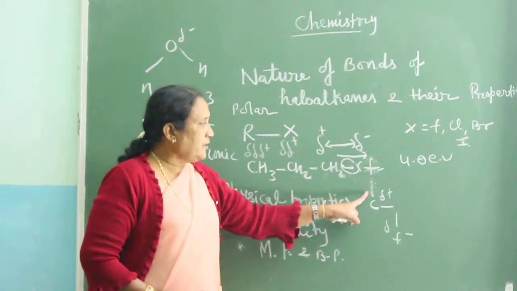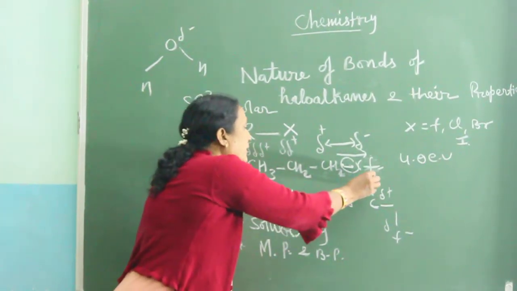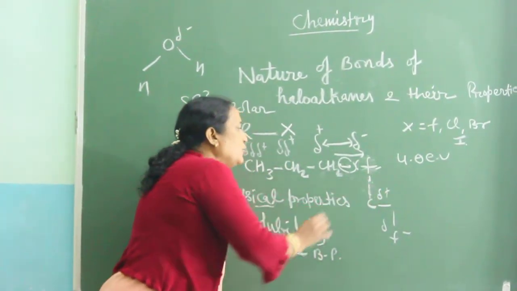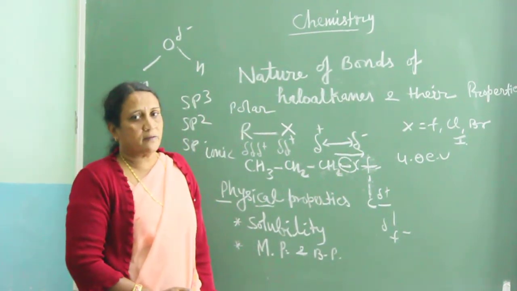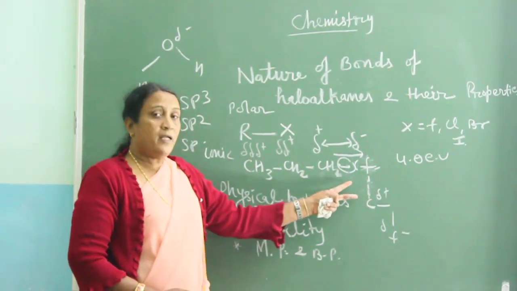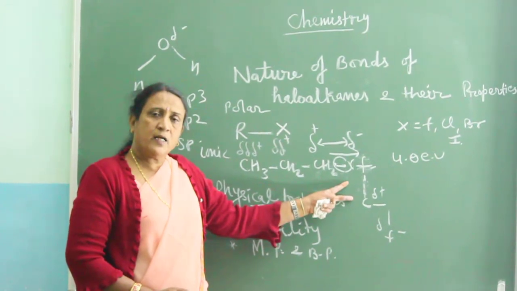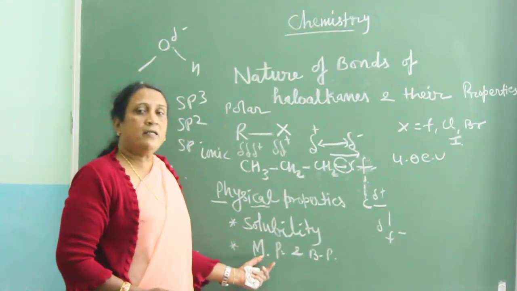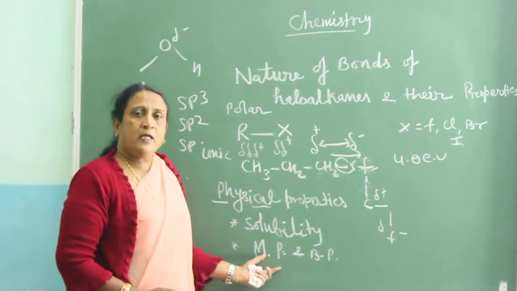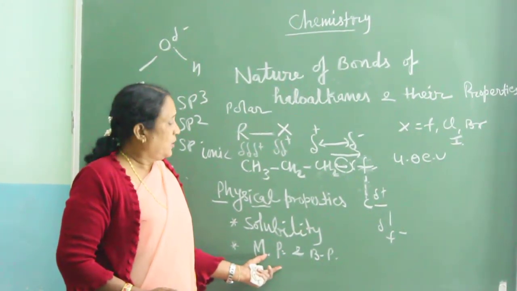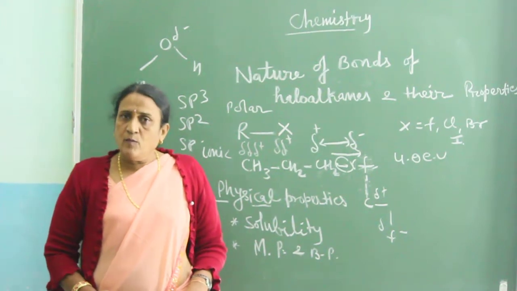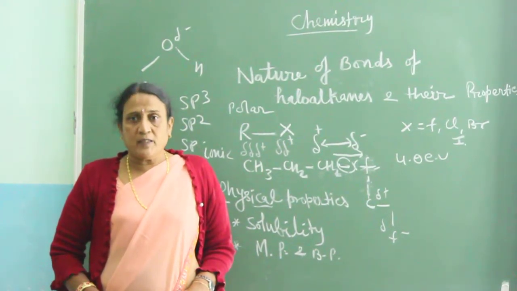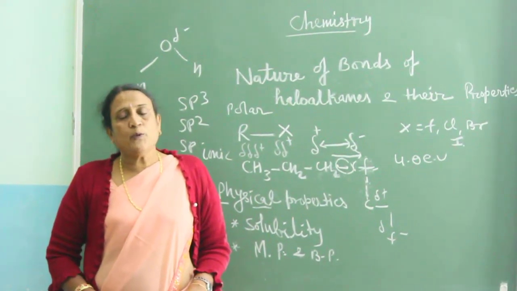The third bond is the attraction of one molecule to another, hydrogen bond. So they are supported by three kinds of bonds, and due to that, they carry high melting and boiling points compared to compounds with similar molecular masses that are non-polar in behavior.